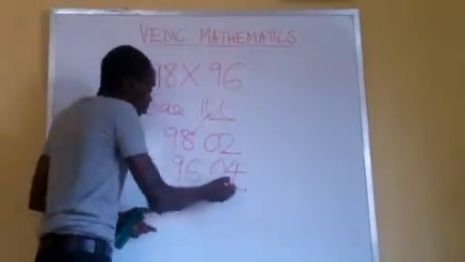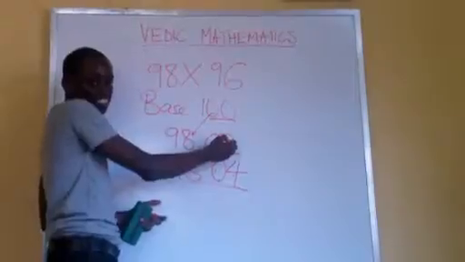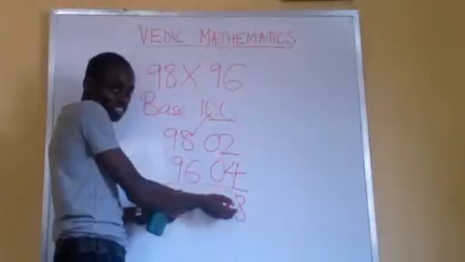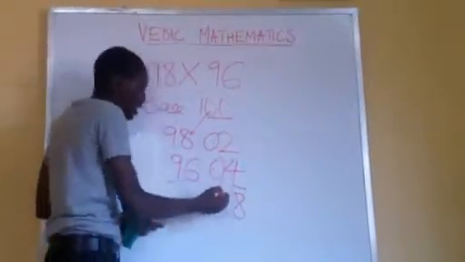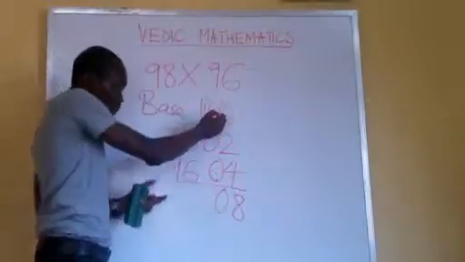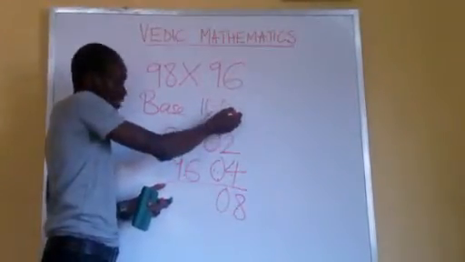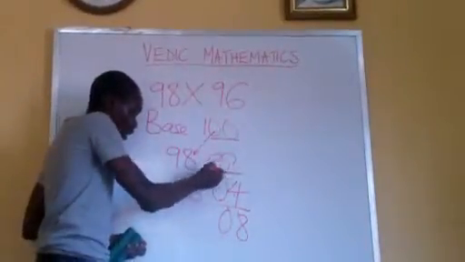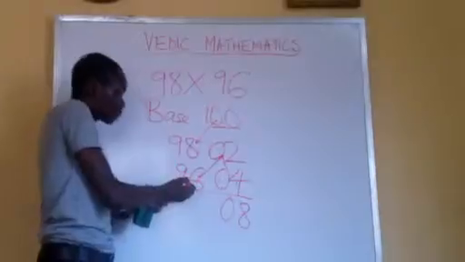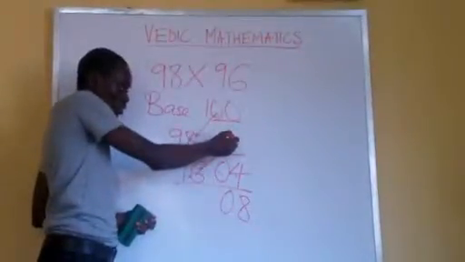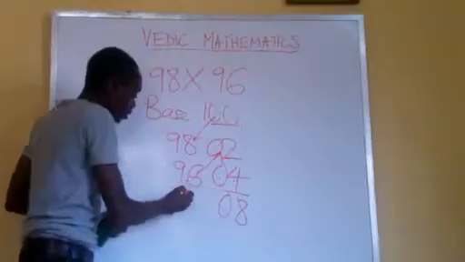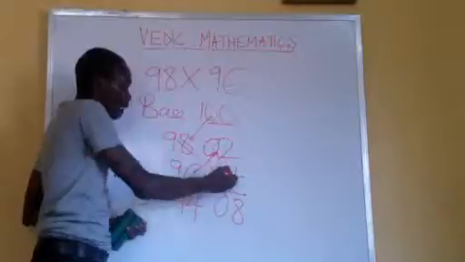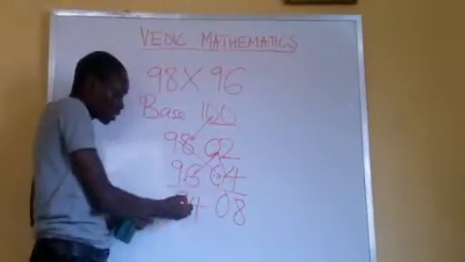Okay. So 4 times 2 is what? 4 times 2 is 8. 8 is just a single digit number, but you're going to add 0, because in base 100, we have 2 digits. So now, the next step is you have 96 minus 2, which gives you 94, or 98 minus 4, which also gives you 94.